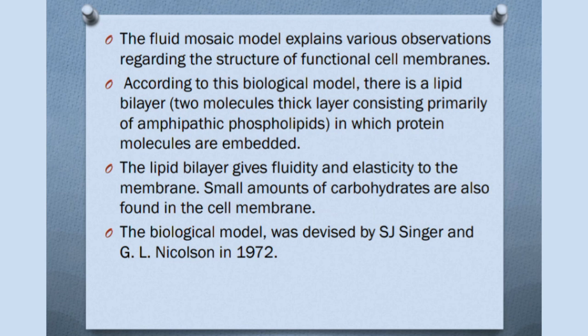It is a two molecules thick layer consisting primarily of amphipathic phospholipids in which protein molecules are embedded or fixed. The lipid bilayer gives fluidity and elasticity to the membrane, so the materials can flow through it. Small amounts of carbohydrates are also found in the cell membrane.